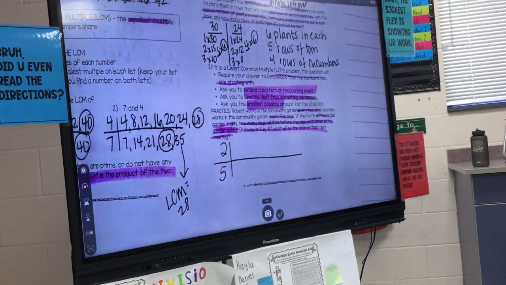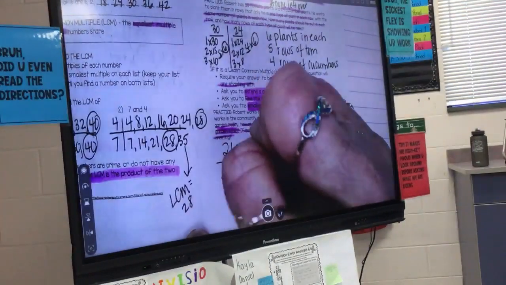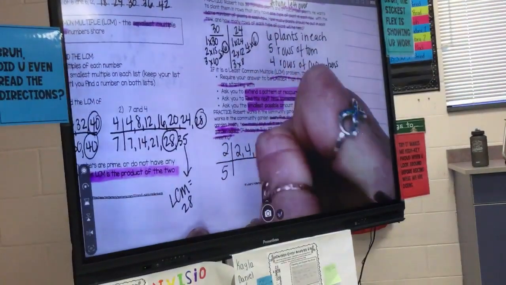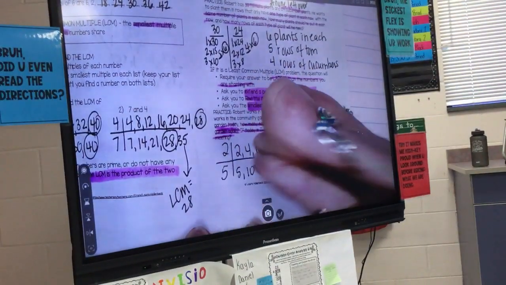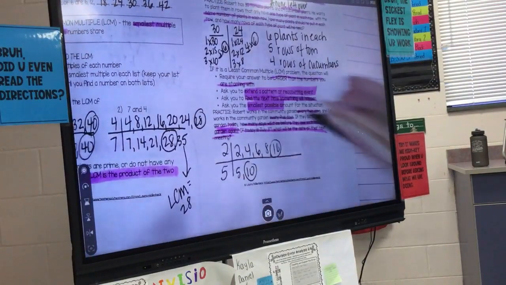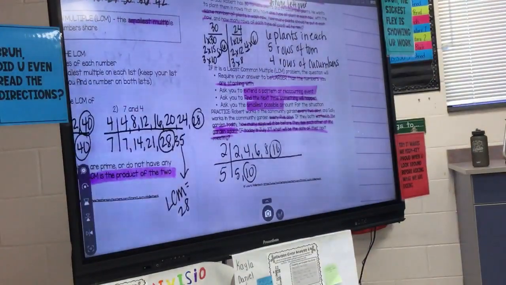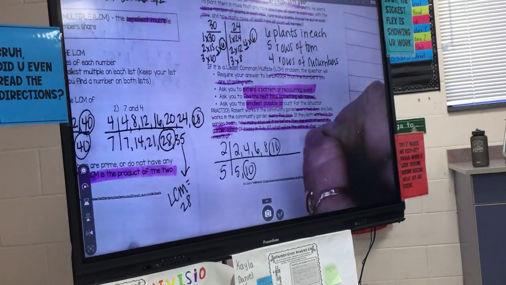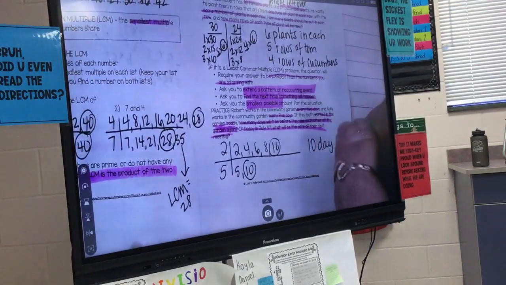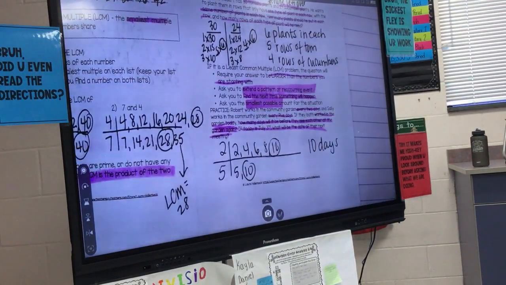Find your LCM. Okay, pretty straightforward. So how many days will it be before they see each other again? Ian, so you have 10 days. That's the answer for part of this question.